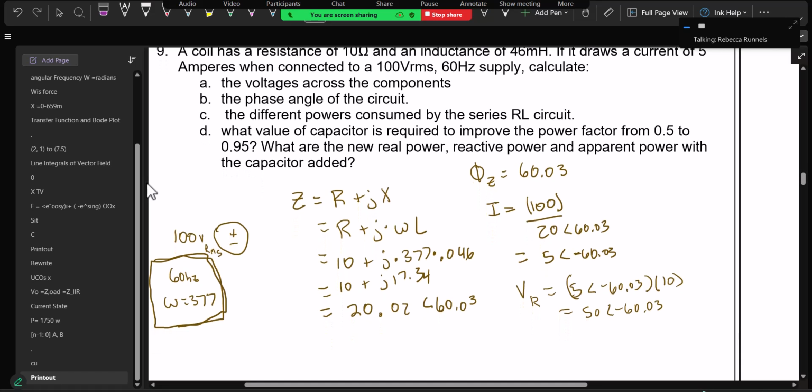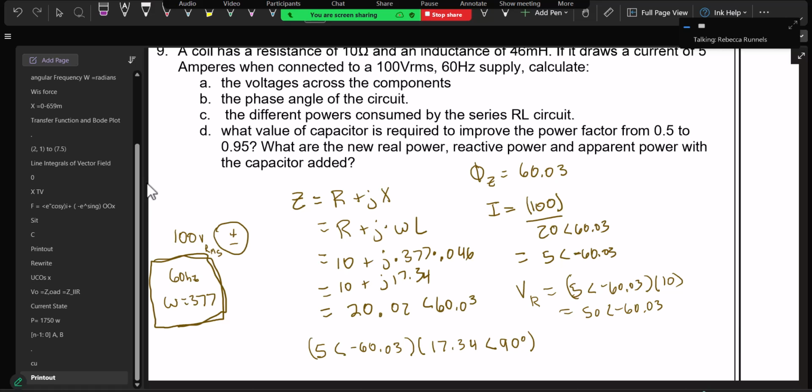And our voltage across the inductor is 5 angle negative 60.03 times 17.34 angle 90, because J is just angle 90.